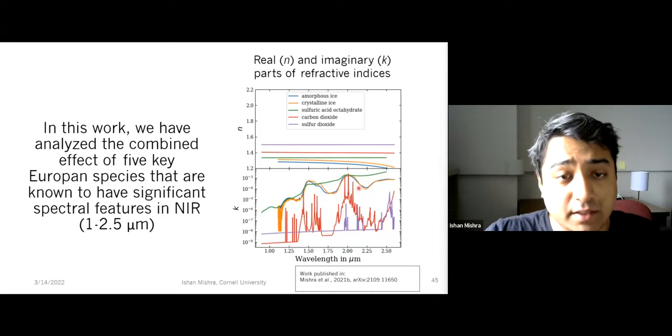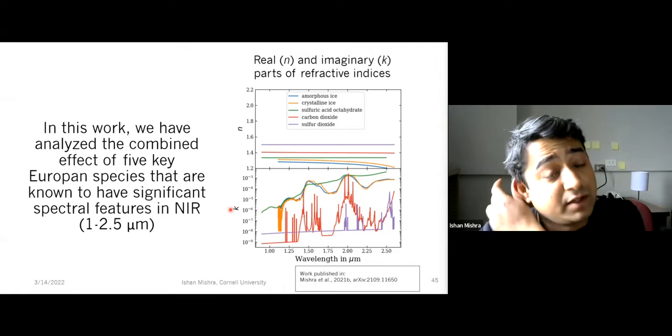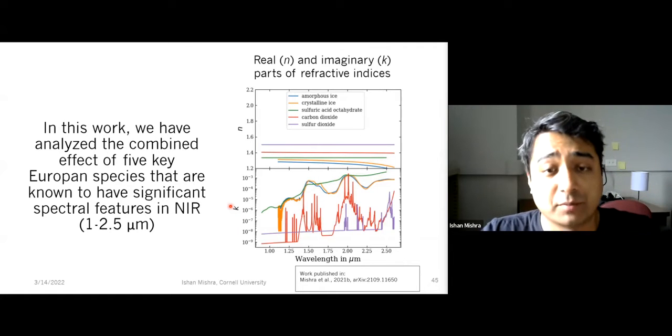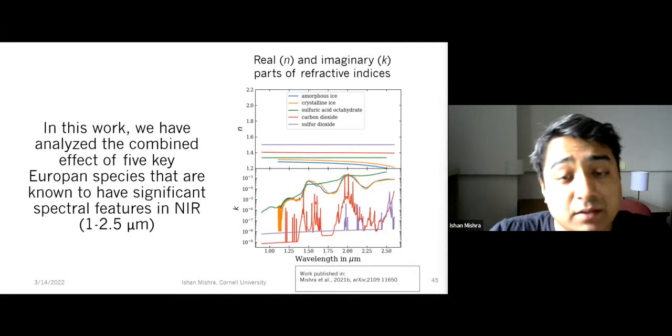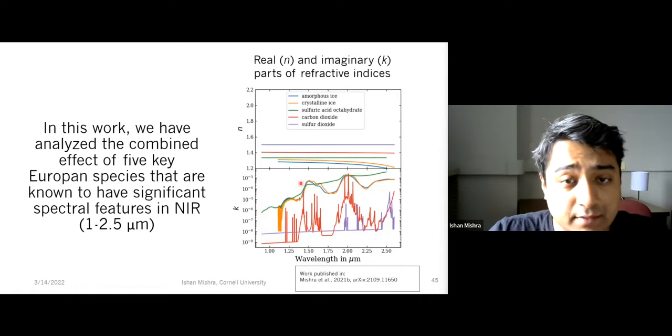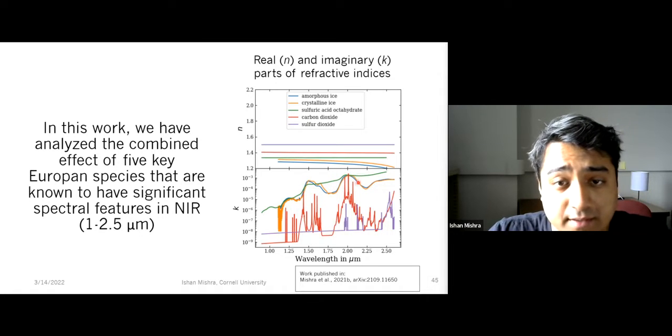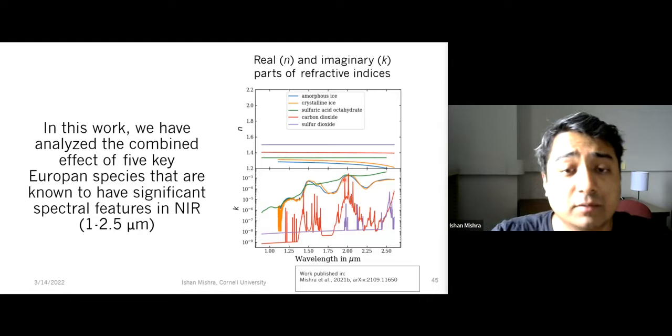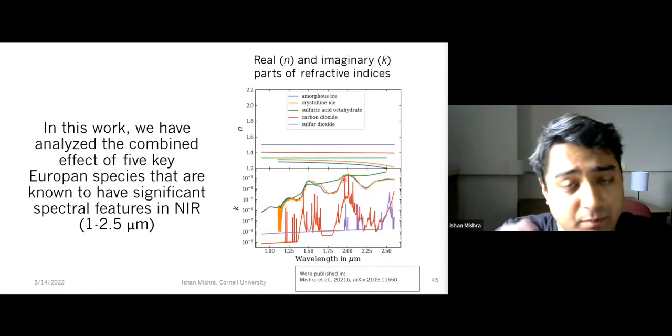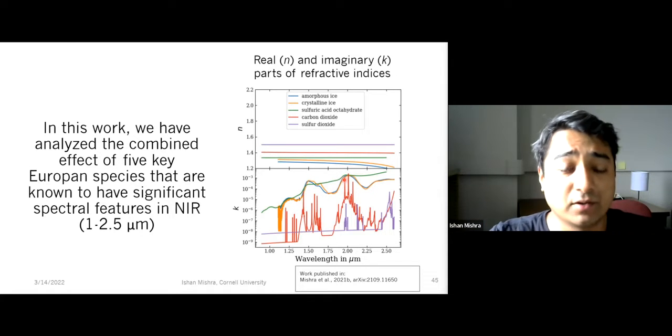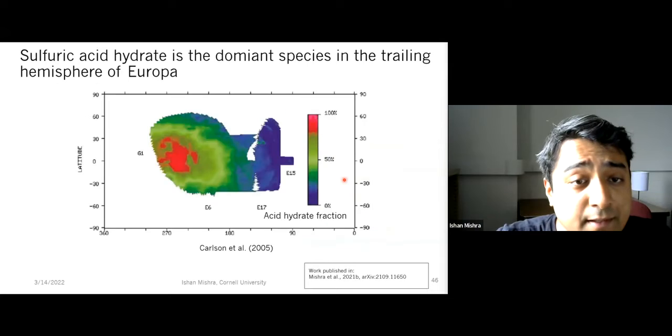It's just that in terms of the imaginary part of the refractive index, which is a proxy for absorption, there's an order of magnitude difference between their feature strengths and the feature strengths of water ice and acid hydrate, the dominant components. But still, to be agnostic, we include them in the analysis.